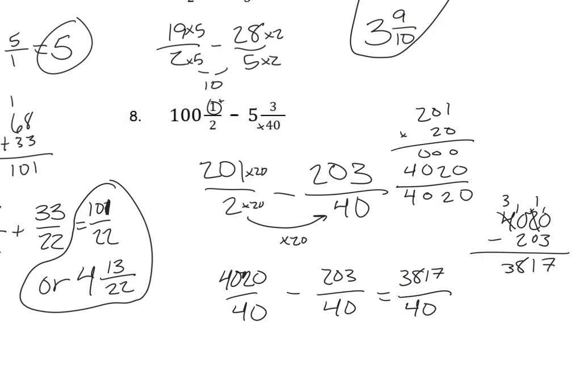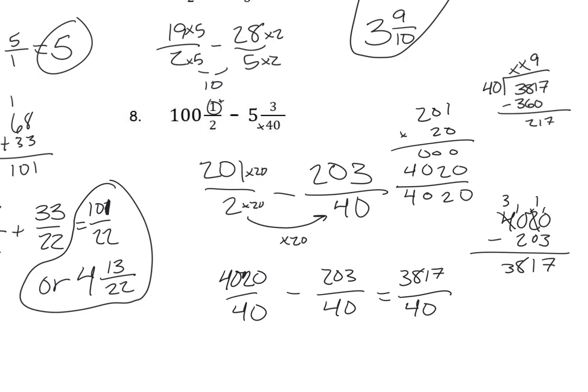If we want to make this into a mixed number, 3817. 40 is not going into 3 or 38. Goes into 381. Ooh, let's see. So we got 40, 80, 120, 160, 200, 240, 280, 320, 360. 9 times. I'm left with 21.